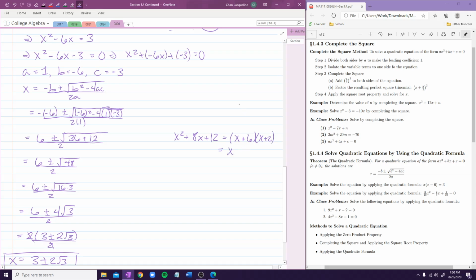We use the zero product property, and we get x is equal to -6 and -2. That's really, really fast. But if I say x is equal to -8 plus or minus the square root of 8 squared minus 4 times 1 times 12 all over 2 times 1, solving this is just going to be so tedious. So usually the quadratic formula is my last resort.